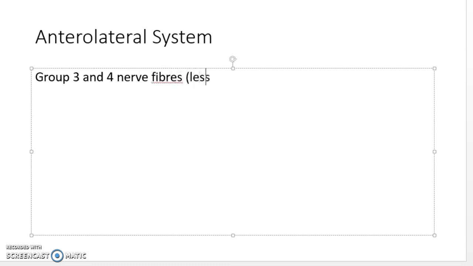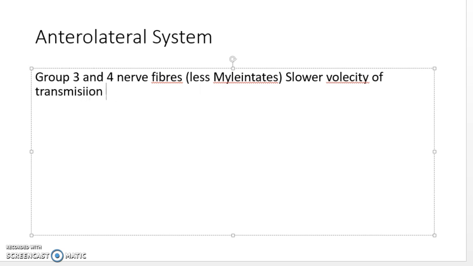These are less myelinated, so they are slower in velocity of transmission of nerve impulses, transmitting light touch, and they are going to be first, second, third order neurons, and they cross the midline.